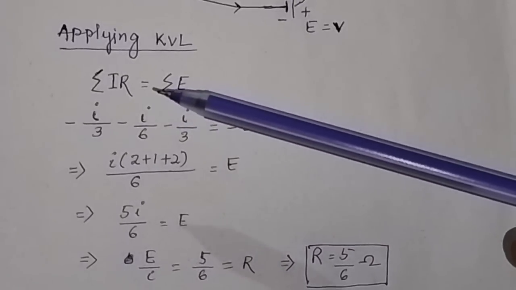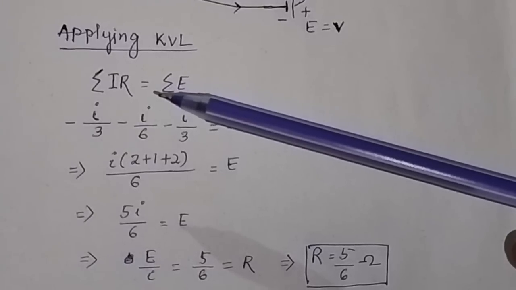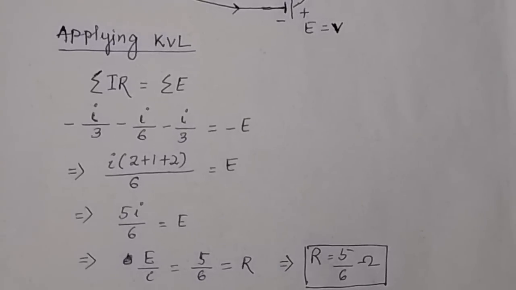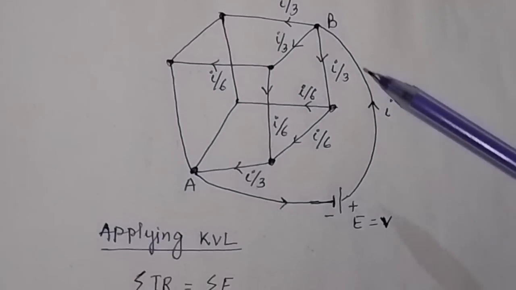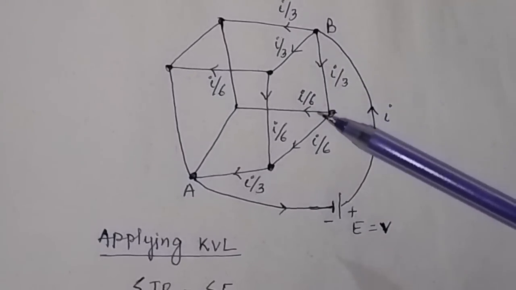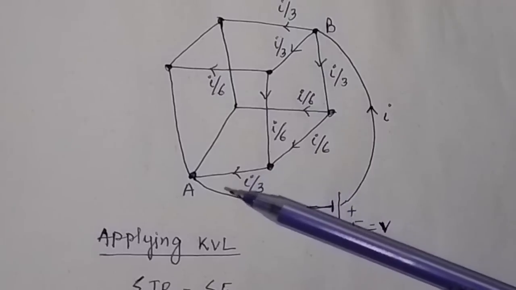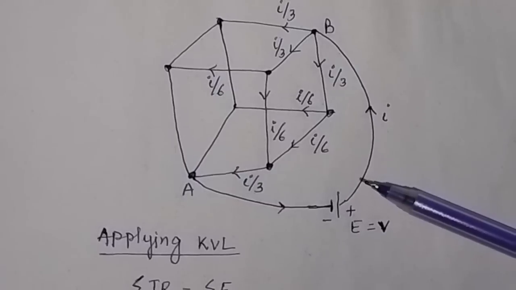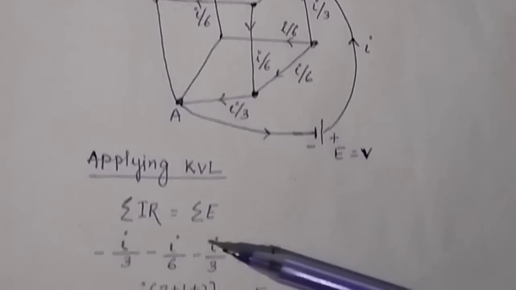For IR drop, we take the IR drop as negative if the current direction is the same as the loop direction. You see, the direction of current is the same as the direction of the loop, so this is the direction of the loop, and that is why the IR drops will be negative.